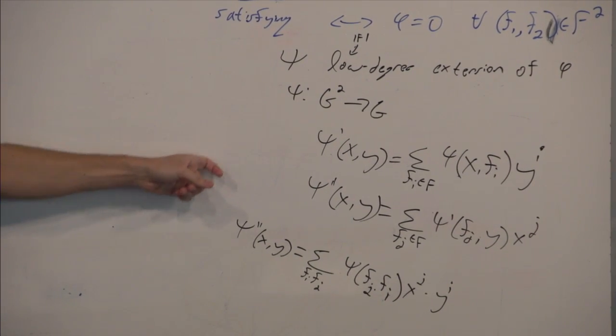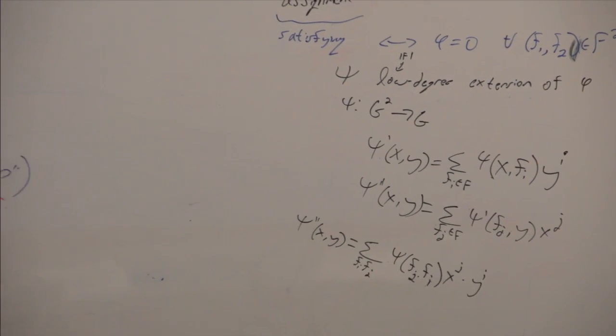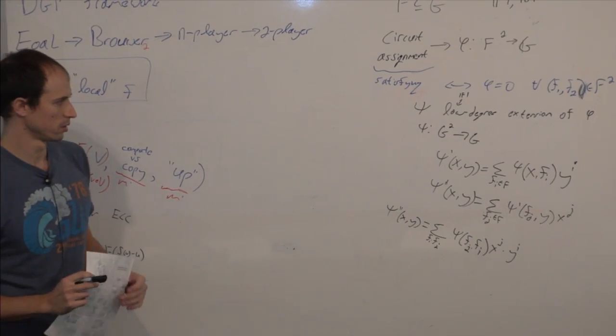And all of these are only degree f, so they're all low degree in each variable.